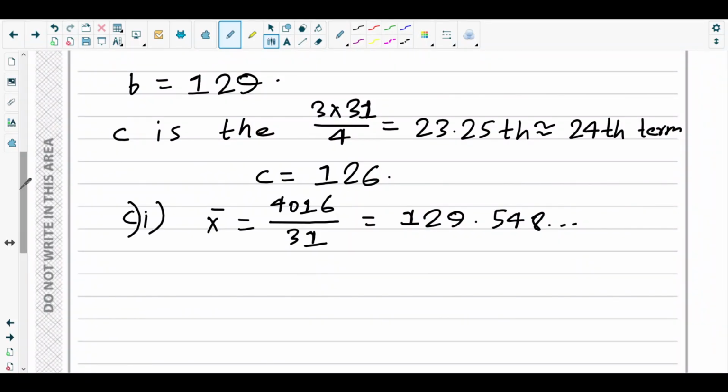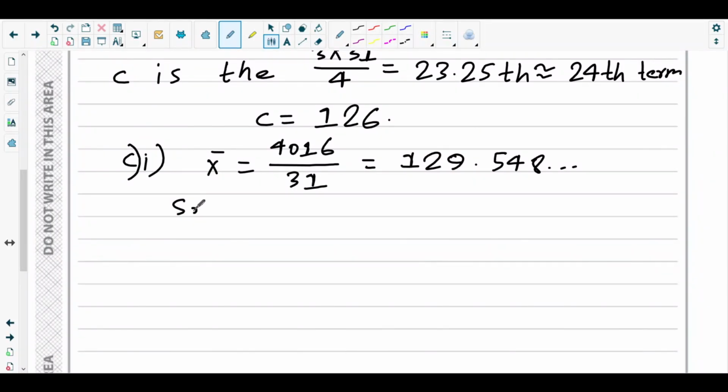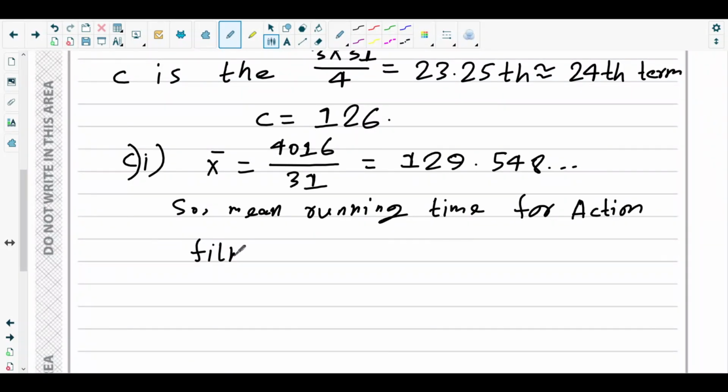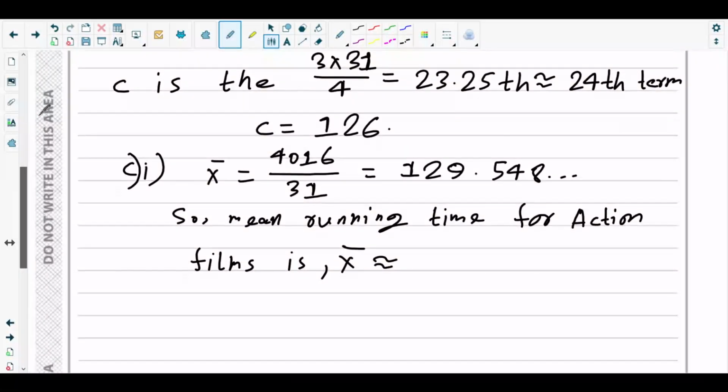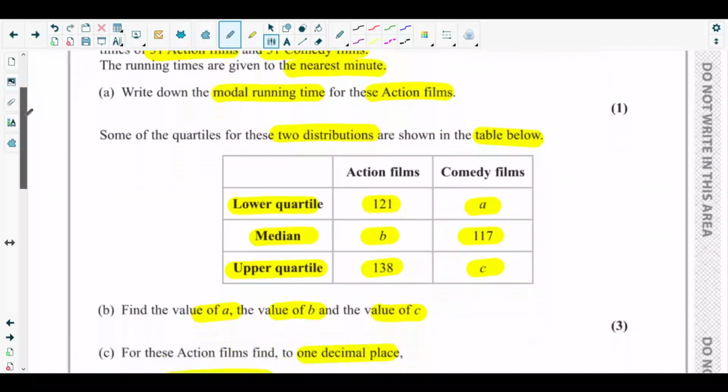So the mean running time for action films, rounded to 1 decimal place, would be 129.5 minutes. That's the answer for part C1. Fine.